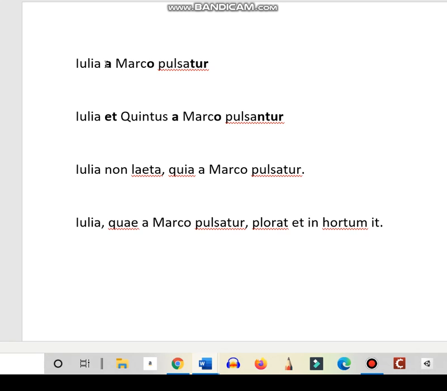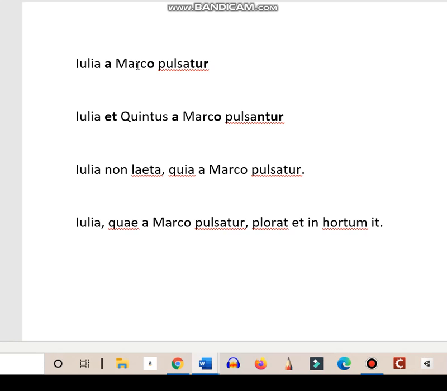So you'll see that there's no accusative word in the entire sentence, whereas there needs to be an accusative word in the first sentence, Marcus Iuliam pulsat. Iuliam would be the object, and therefore she has to be in the accusative. However, in this sentence, Iulia is the subject, so she is in the nominative case.